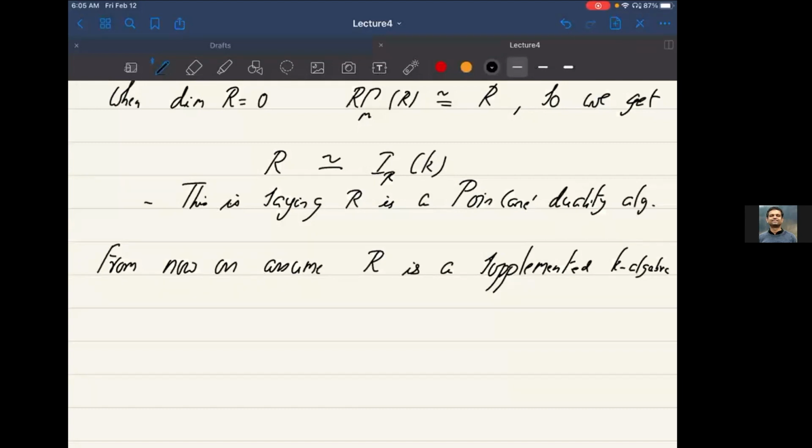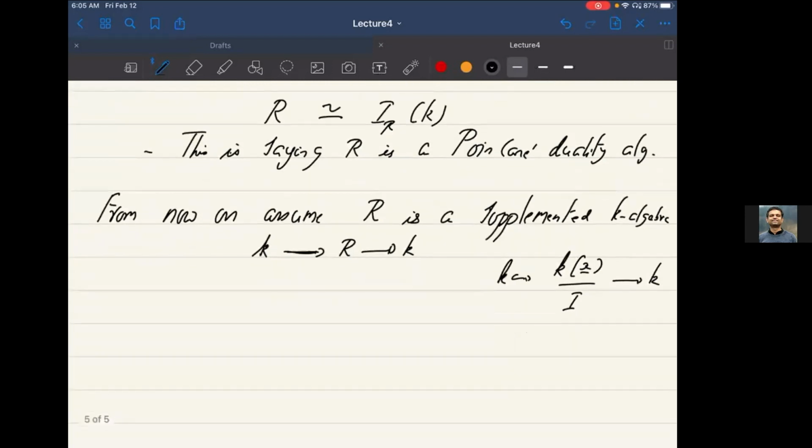That means I have a ring map k to R and R to k, which would be the case if you're looking at something like k[x] modulo some homogeneous ideal. So you have k sitting in there and you're mapping onto k. What happens here is that there's a simple model for the injective hull.